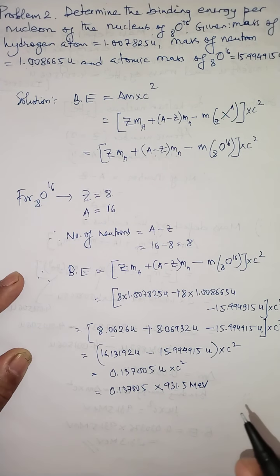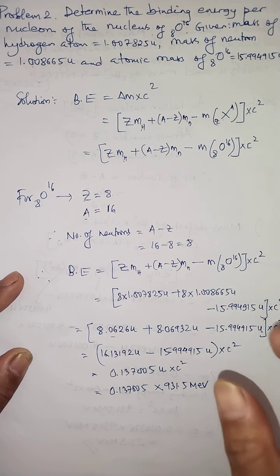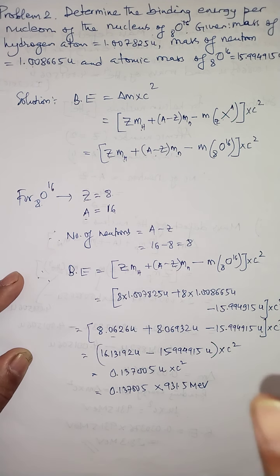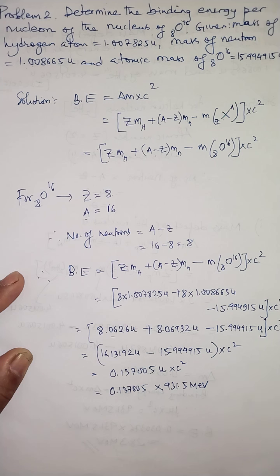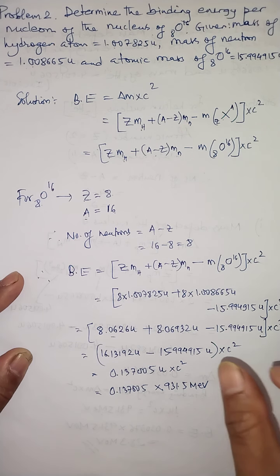And children, this type of problem will come in the examination. In the question paper itself, the value of binding energy that you need to multiply corresponding to one atomic mass unit will be given to you. Sometimes you will be given 931 mega electron volt only. If it is given as 931 mega electron volt, multiply by 931.